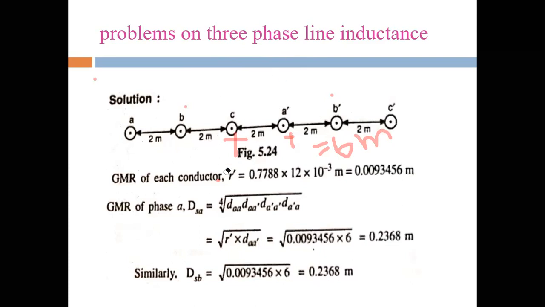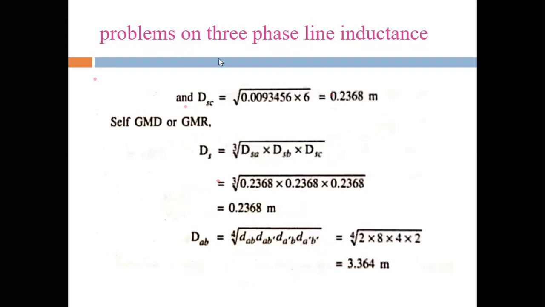After that we calculate DSC. What is the formula for that DSC? That is equal to the square root of R dash into DCC dash.